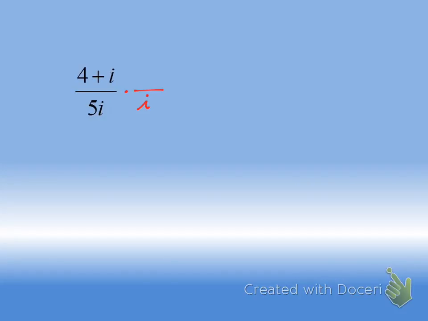Because what's i times i? i squared. And what's i squared? Negative 1. Look, gone. See how that works? i times i is i squared, and i squared is negative 1. Okay? Now, I can't just multiply it by i on the bottom. I also have to do what? You have to do i on top. You have to multiply by the same thing top and bottom.